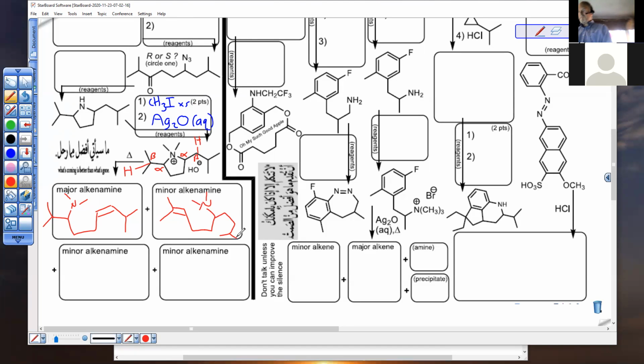Oh, and there's more minor alkenes. I think what I did, I don't know if it'll let me move this.